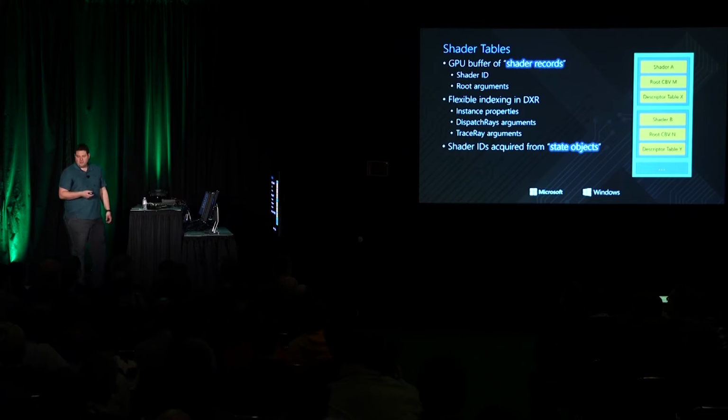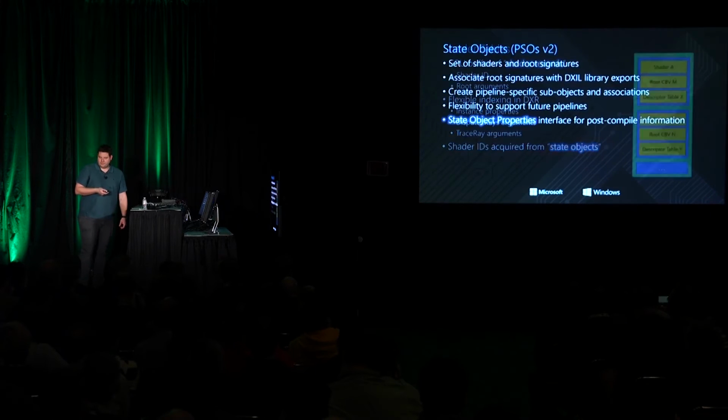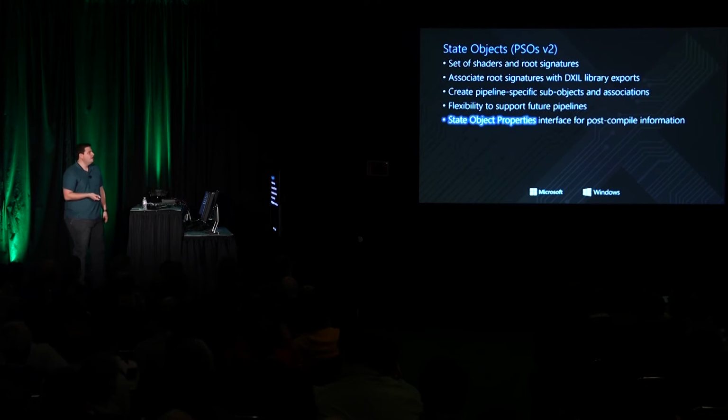Now, the shader IDs themselves are acquired from a new API concept called a state object. State objects are not entirely new. You can think of them kind of as PSOs v2, pipeline state objects v2. It's a set of shaders and root signatures, and unlike, for example, the graphics pipeline state or the compute pipeline state today, state objects are meant to represent a very generic form of pipeline state.